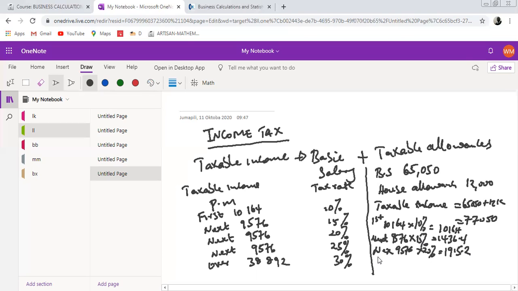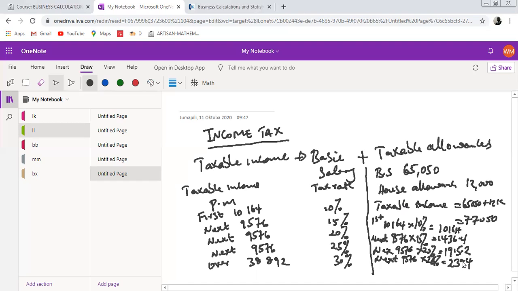Then the next 9,576 we tax at 25%. 9,576 times 25% is 2,394.